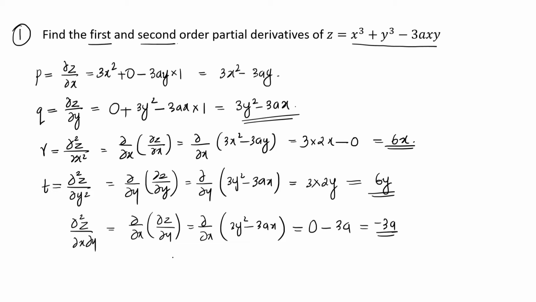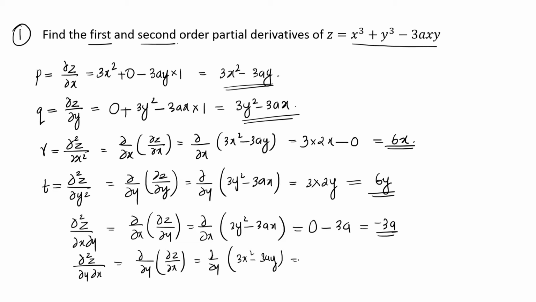Okay, this is dou square z by dou x dou y, and similarly we can write dou square z by dou y dou x. This is equal to dou by dou y of dou z by dou x, that is dou by dou y of 3x square minus 3ay, and its derivative with respect to y is 0 minus 3a.